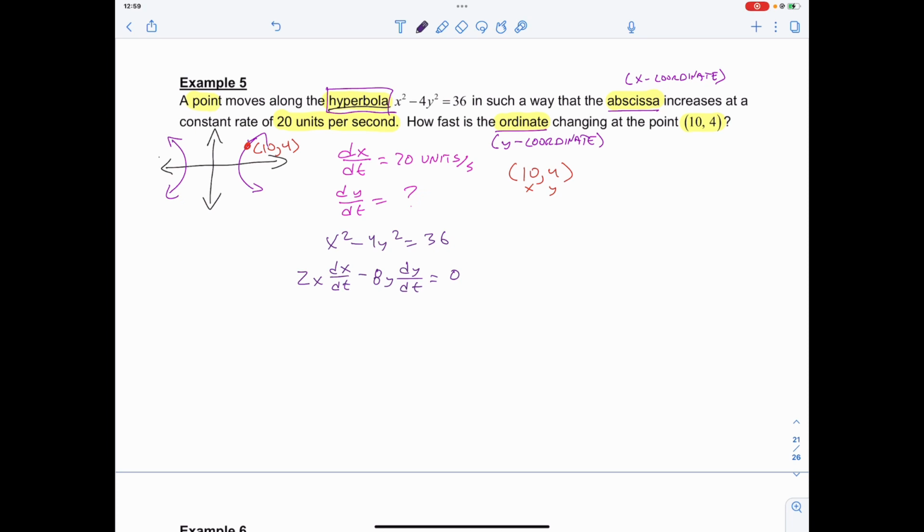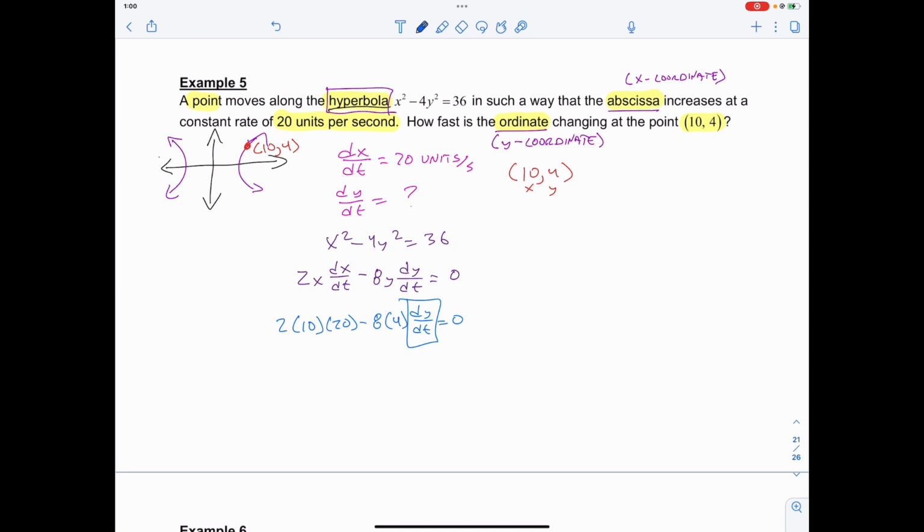Now, we know dx over dt, we know x, we know y, which means that we're going to sub those values in and get 2 times 10 times 20 minus 8 times 4 times dy over dt is equal to 0. And once again, we're just trying to isolate that dy over dt.